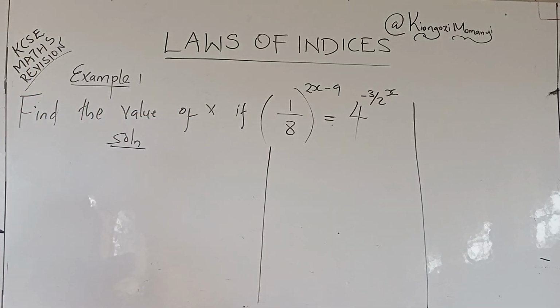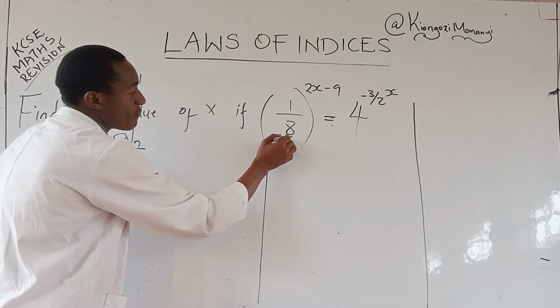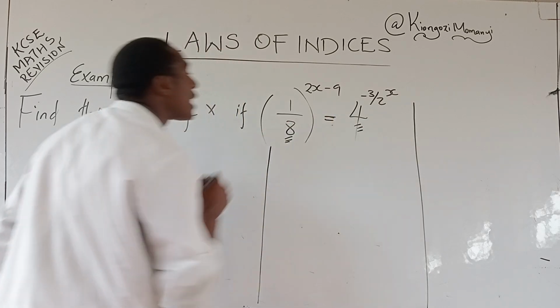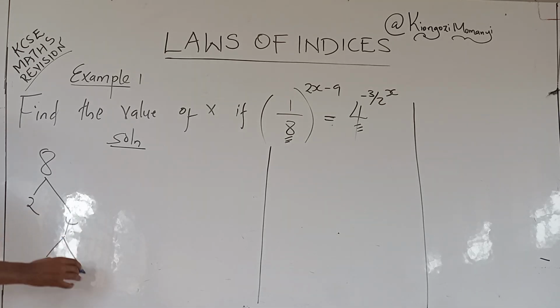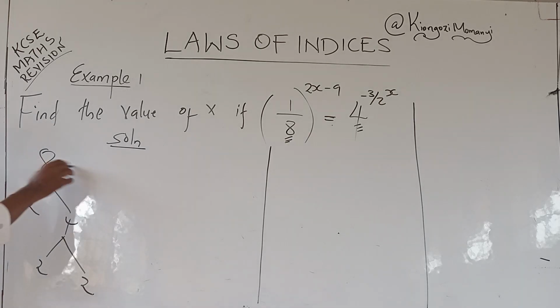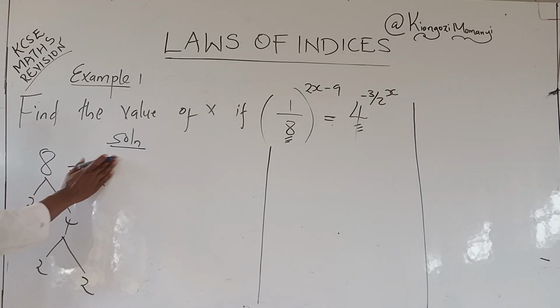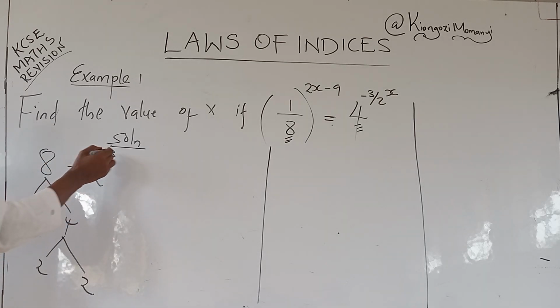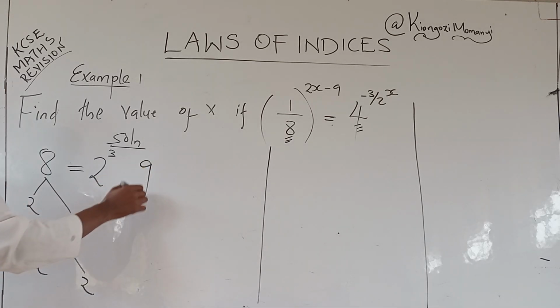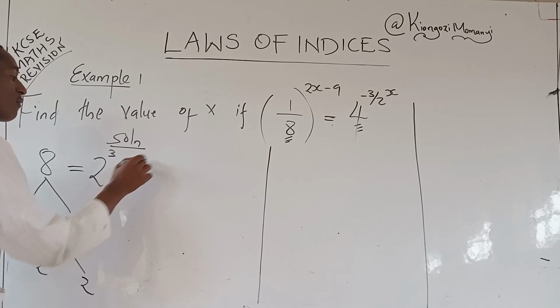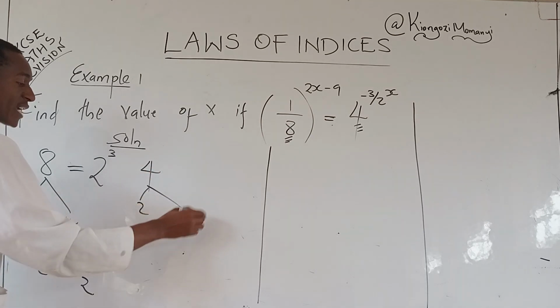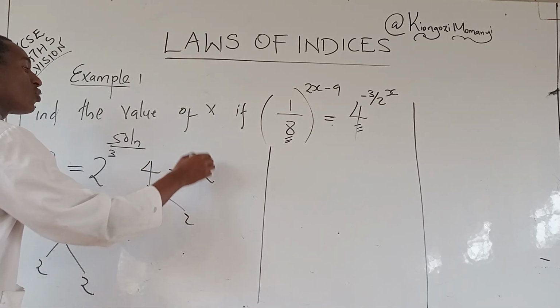First of all, let us do prime factorization of 8 and 4. The prime factors of 8 can be written as 2 times 4, and also as 2 times 2 times 2. So 8 is equivalent to 2 power 3. 4 is the same as 2 times 2, so it is written as 2 power 2.